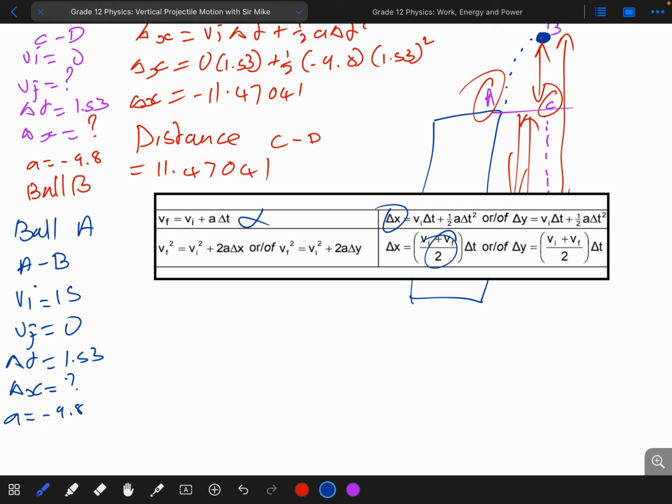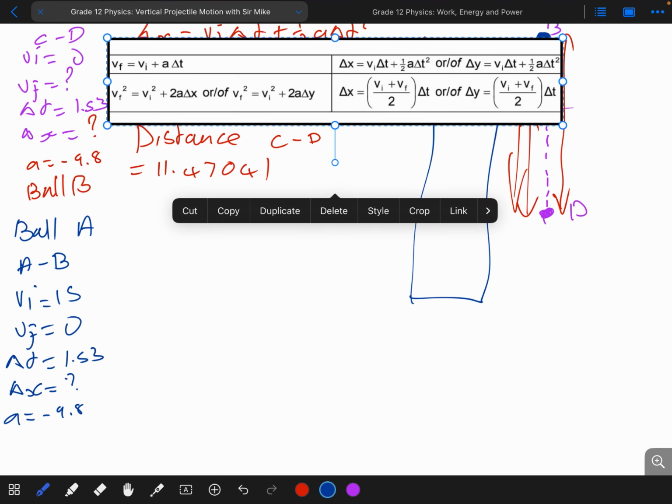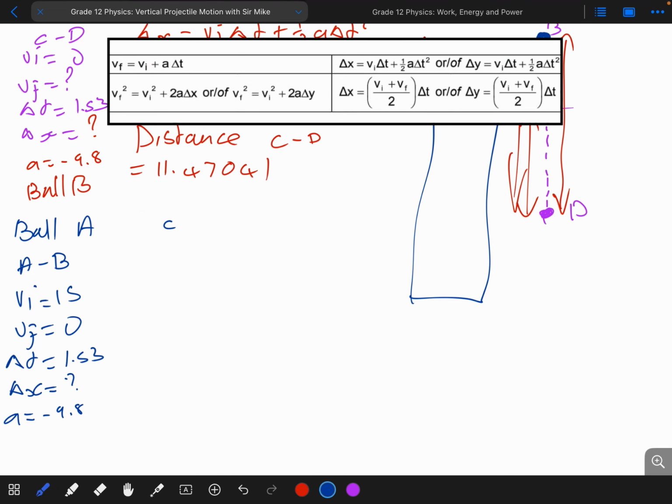So delta X equals Vi multiplied by delta T plus a half multiplied by a multiplied by delta T squared.